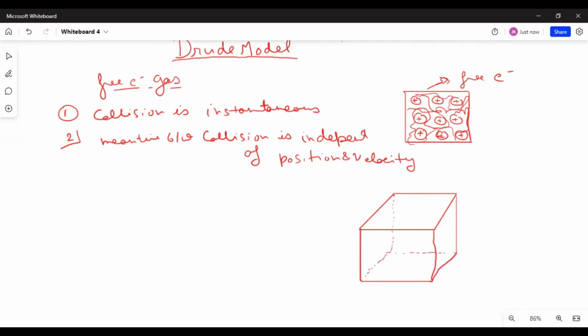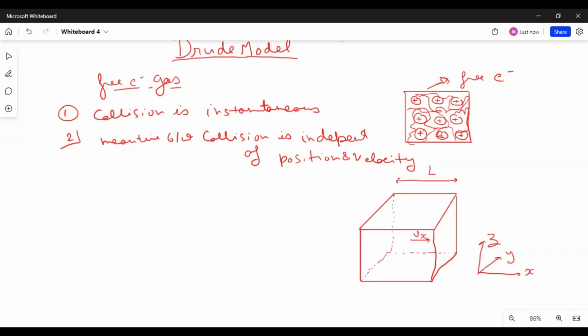This is a cube of length L, and let's also draw its coordinates X, Y, and Z. It has an electron moving towards the right with the velocity Vx.